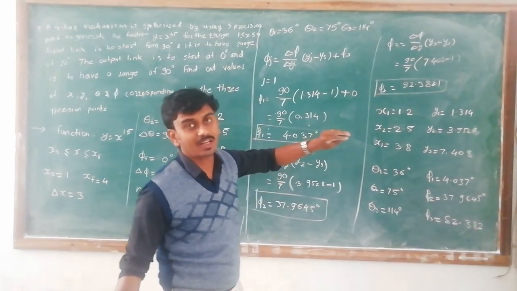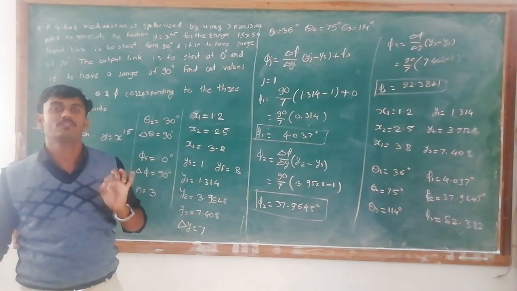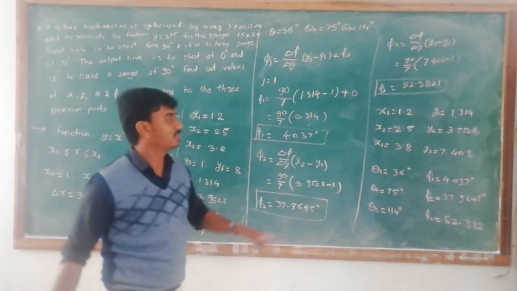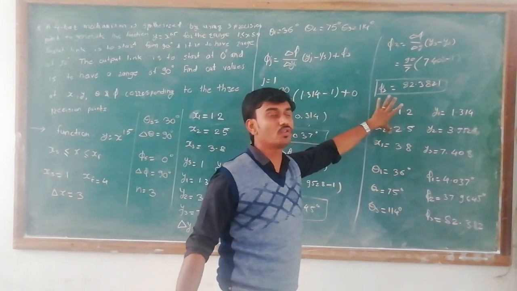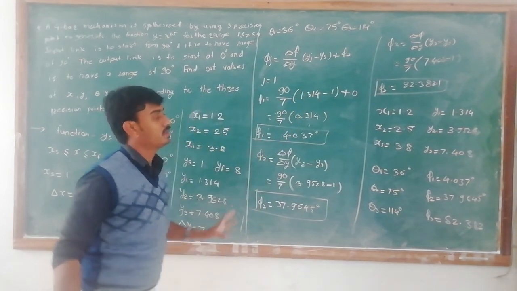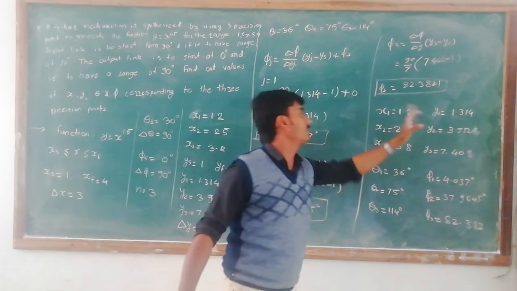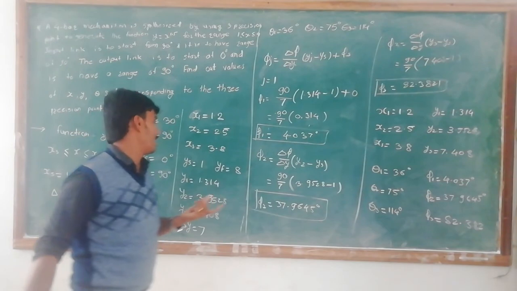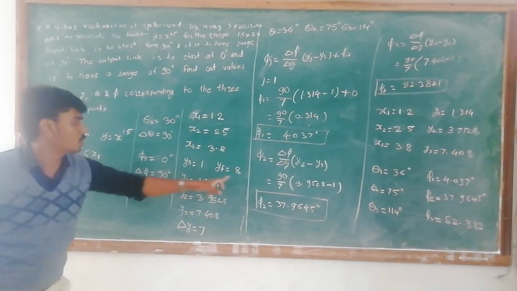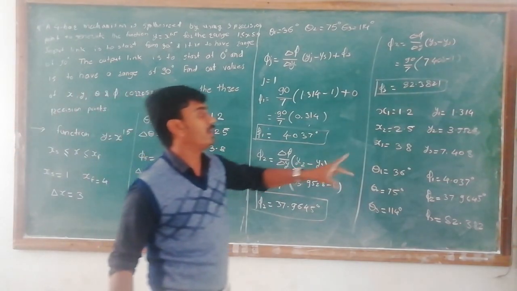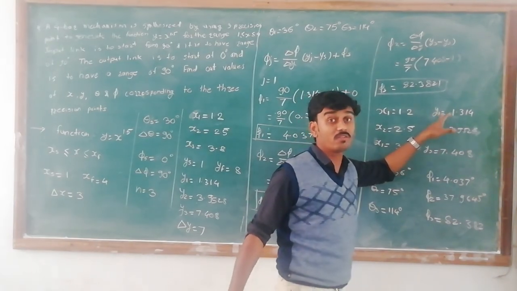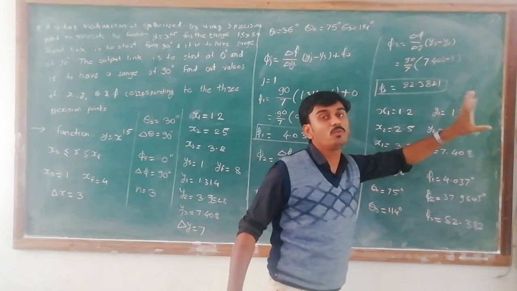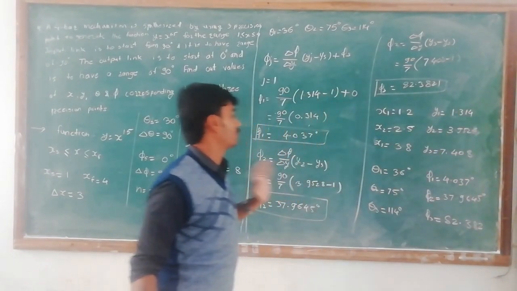If these values were less than 1 or greater than 4, then our values would be wrong. But here these values lie between 1 and 4, so this is correct. Now how to check the values of y? The range of y is from 1 to 8, and all the values y1, y2, y3 lie between 1 and 8. So this is also correct.